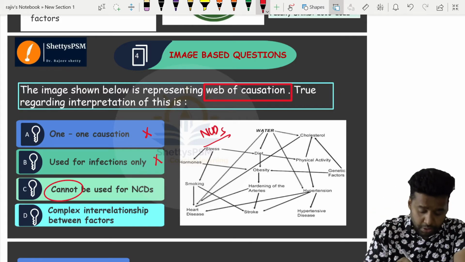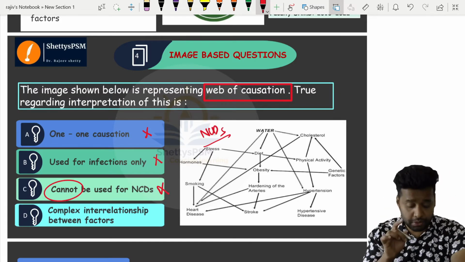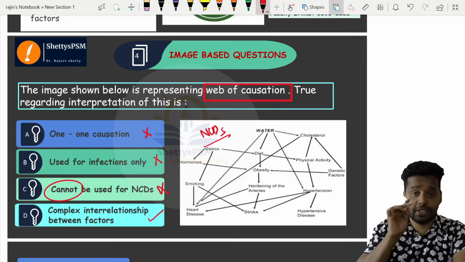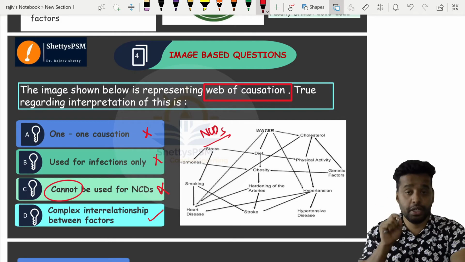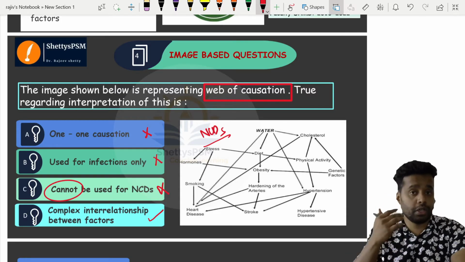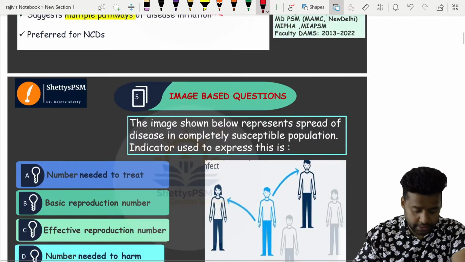Cannot be used for non-communicable disease, no. Can be used. The answer is complex interrelationship. Remember the keyword: complex interrelationship between the multiple factors responsible for disease formation, used mainly for chronic non-communicable diseases. See the question.